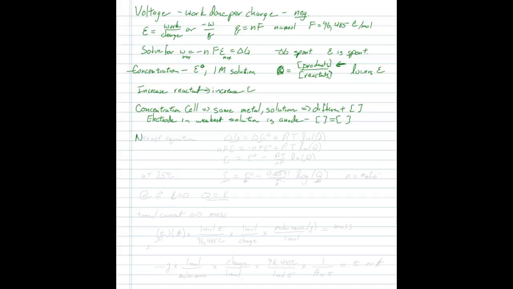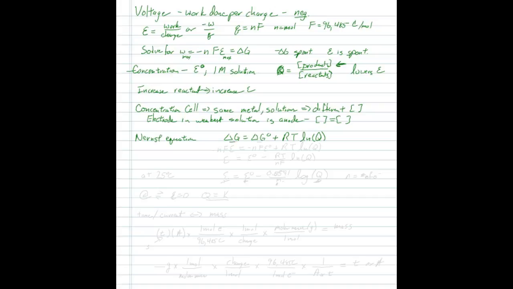This leads us to something called the Nernst equation. I'm going to derive that. It's not important for you to know how to derive it, but it is important for you to know what it is. We remember from the last chapter that delta G equals delta G naught plus RT natural log of Q, where it's not at equilibrium.